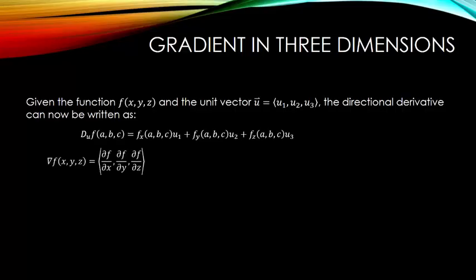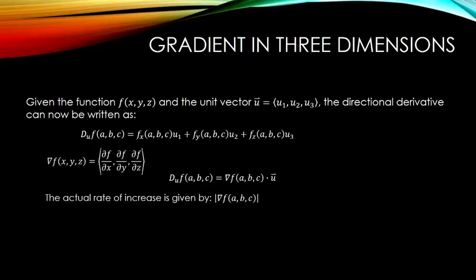The gradient of f at x, y, z is given by the vector with components the partial of f with respect to x, the partial of f with respect to y, and the partial of f with respect to z. This means that my directional derivative of f at (a, b, c) can also be written as the gradient of f at (a, b, c) dotted with the unit vector u.